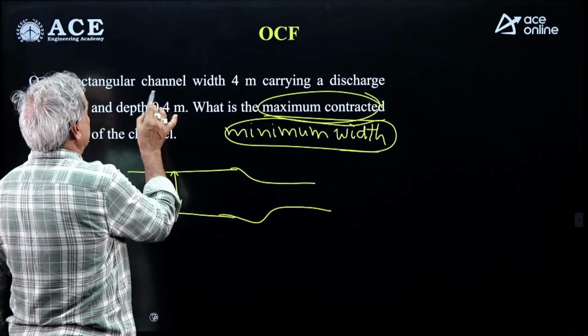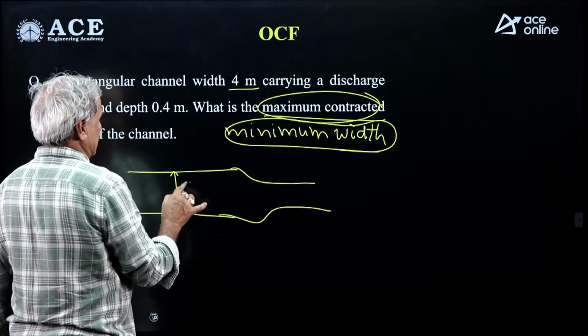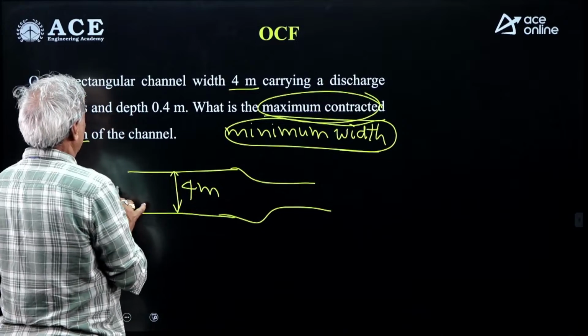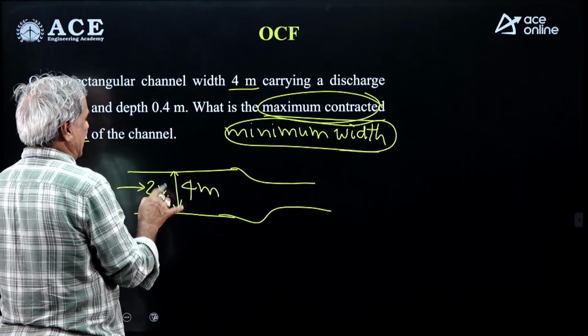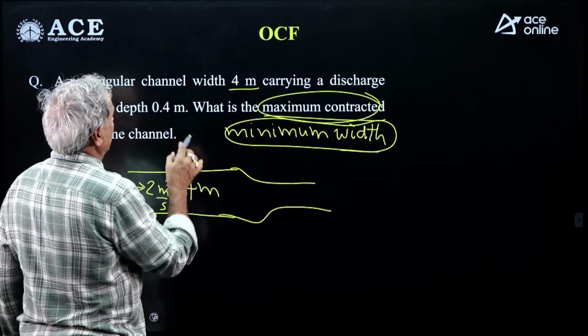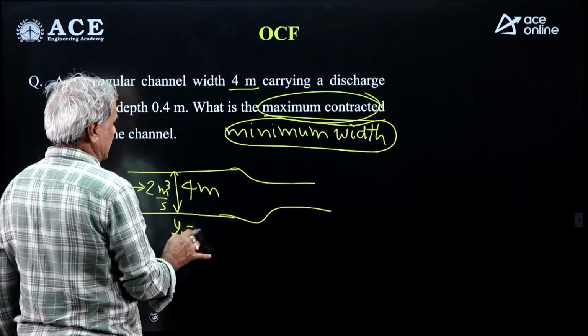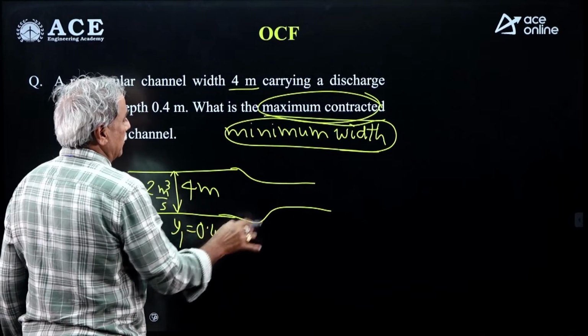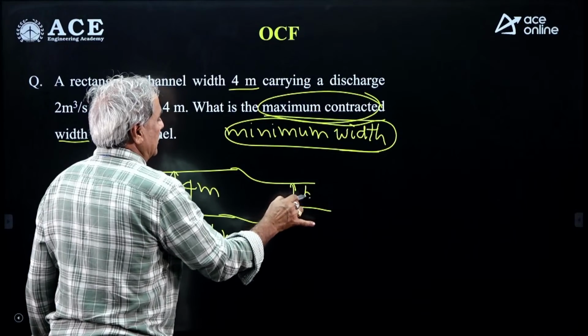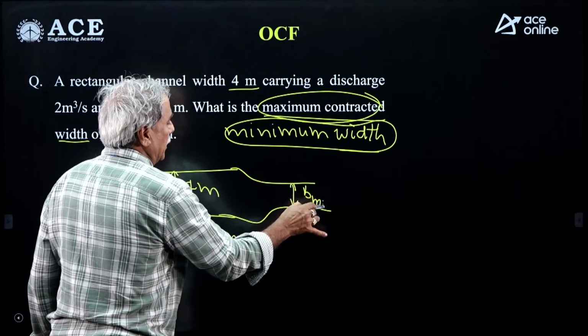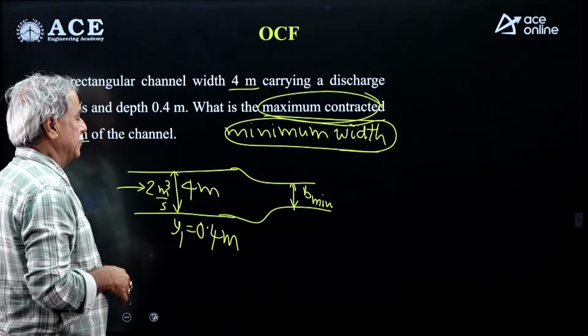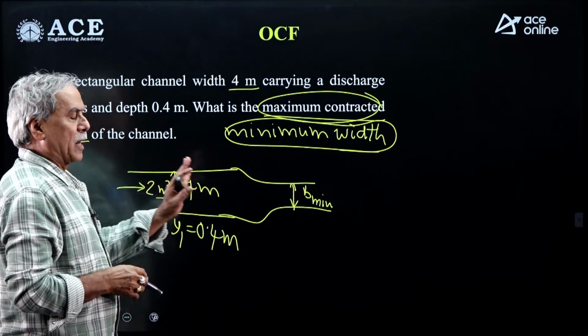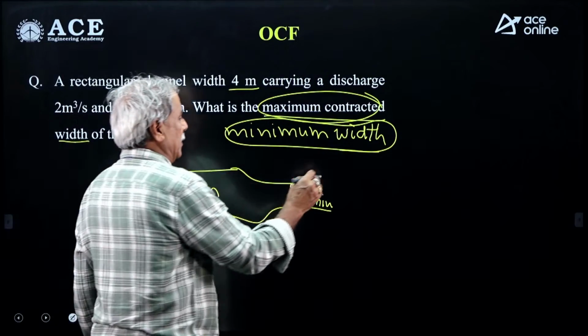Here the bed width is 4 meters. Discharge is 2 meter cube per second. Depth of the flow is 0.4 meters. It has asked what is the minimum bed width. It is a problem in channel transition.